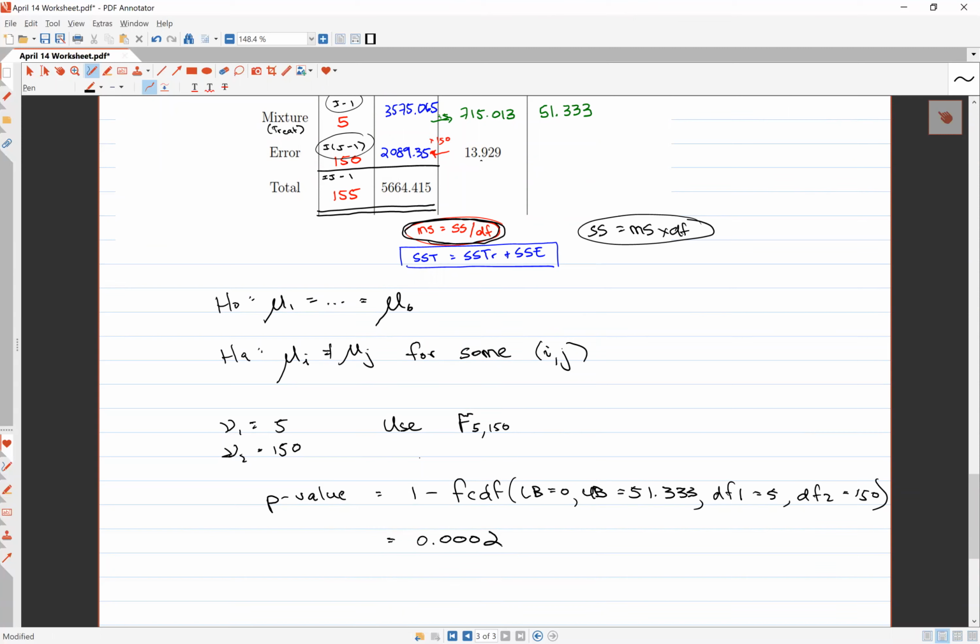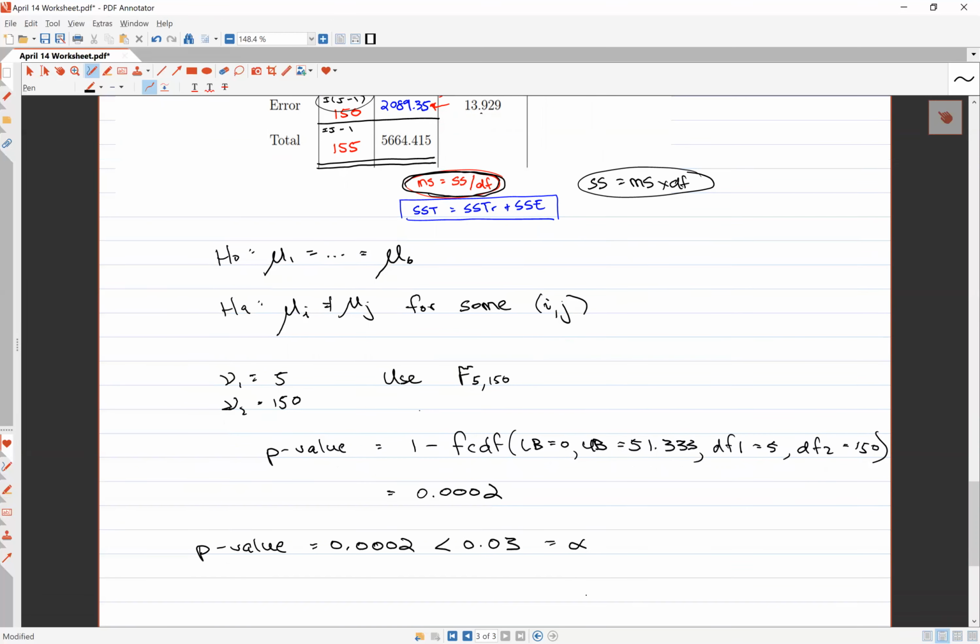And if you go through this calculation, we'll see you get a pretty small p-value. So our p-value in this case of 0.0002 is less than our alpha of 3%. So again, in this case, we reject our null hypothesis.